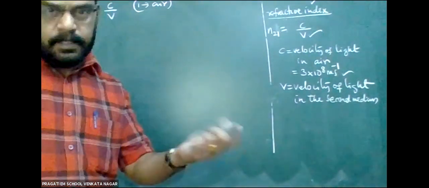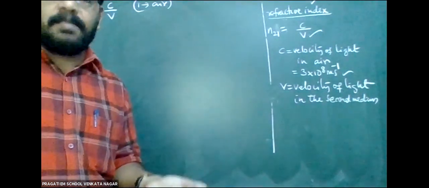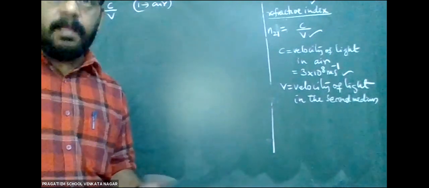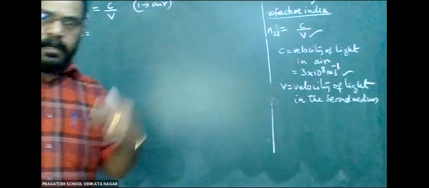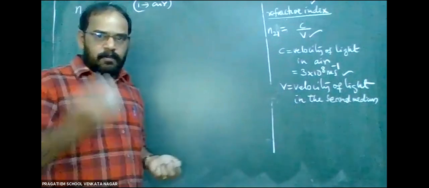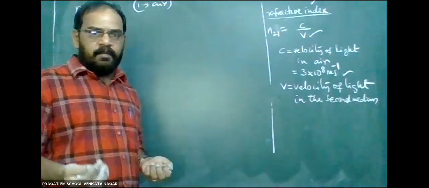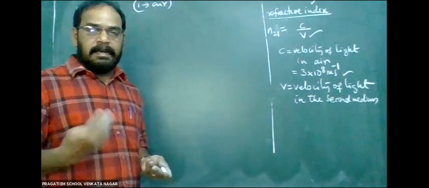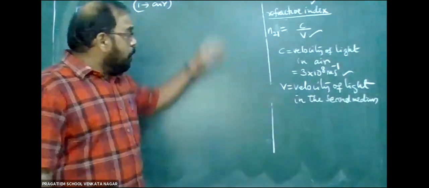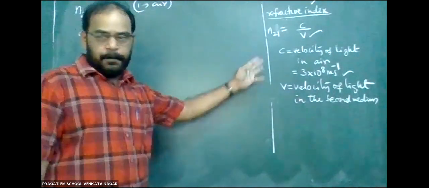It will change according to the medium; if you take glass as the second medium, one velocity will be there. We can find it out one by one. What is the velocity of light in water, what is the velocity of light in glass, like that for different media, using this formula we can find it out.